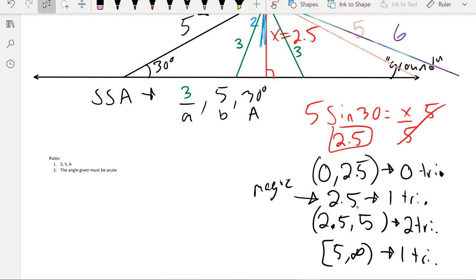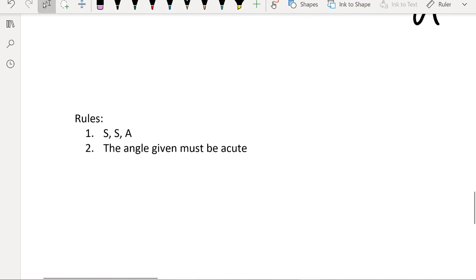Okay, so let's put this into some rules that are easy to remember. What you need to do: the angle given must be acute. Okay? So here's kind of a step, not necessarily a rule, but a step.